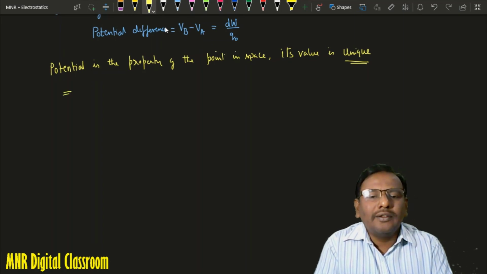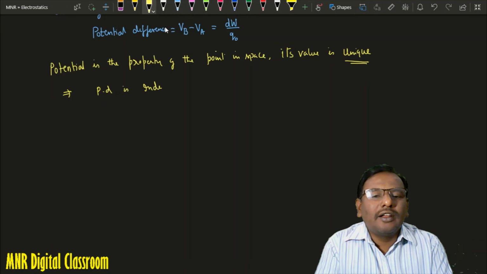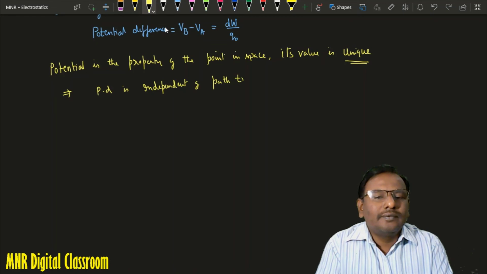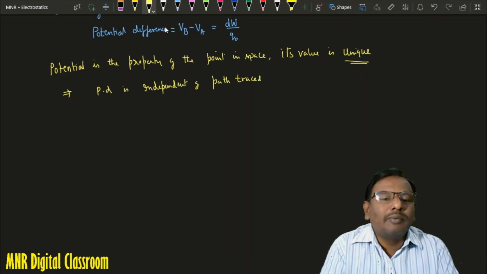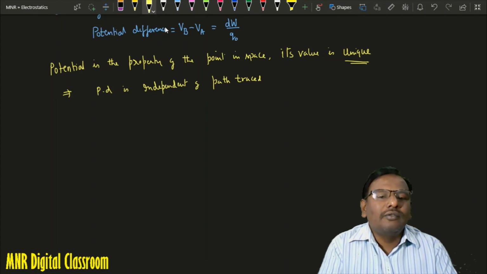It implies the potential difference is independent of the path traced. That is, in order to bring the charge from one point to another point, it has to trace some path. The potential difference between any two points is independent of the path traced.